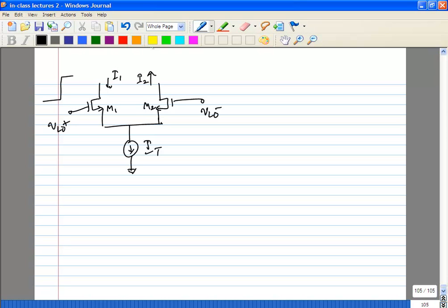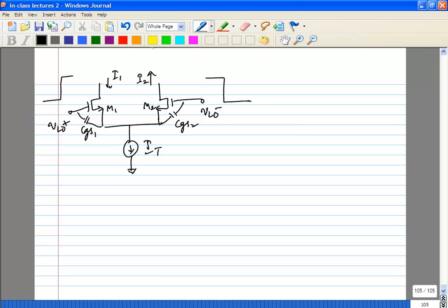Let's assume that at the time when we start to analyze, VLO plus has a rising edge, and at the same time VLO minus has a falling edge. These two devices M1 and M2 have capacitances CGS1 and CGS2. What is happening to M1?